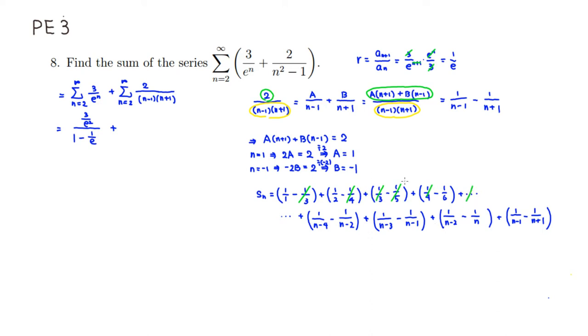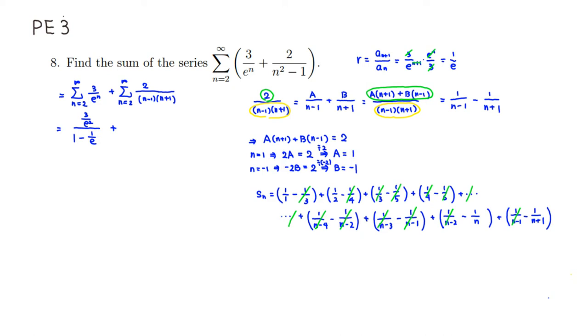So you can cancel all these guys except for these first two. And here the same thing. This guy cancels with that guy, but this one doesn't cancel, this one cancels with that guy, and this guy will cancel with the one next here, which we don't see, and this guy will cancel somebody in there.